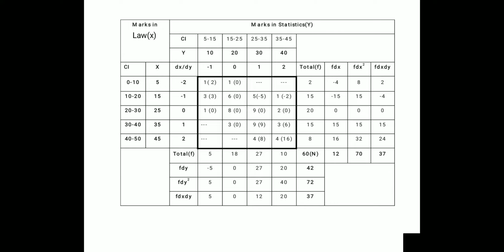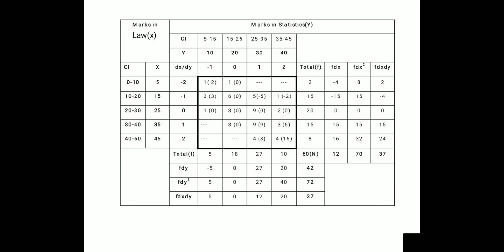In the same way, we should calculate f dx square and obtain sigma f dx square. For f dy square, the same procedure that we followed for the rows has to be followed in the column here. That is f dy, minus 5, into minus 1, that is 5. In this way we obtain f dy square, that is f dy into dy, and sigma f dy square is 72 here.